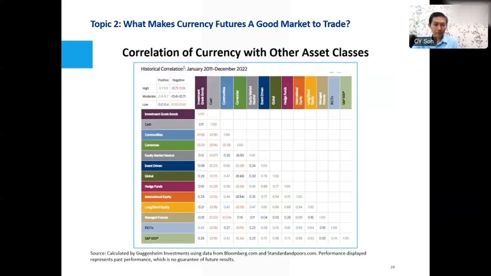Let's have a look at this table to see whether your portfolio is diversified or not. This table is from a study conducted in the United States market, because I am not able to get the figures for the Malaysian market. It states the correlation of currency with other assets.